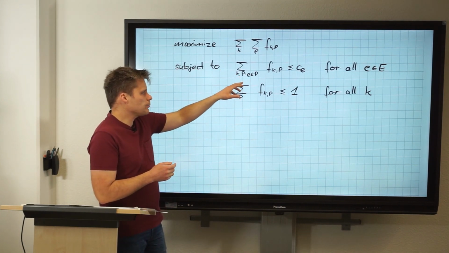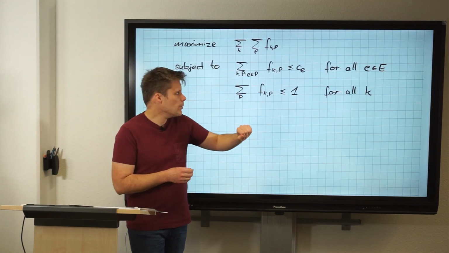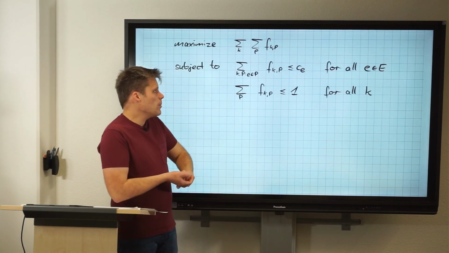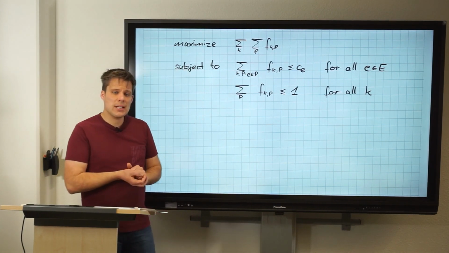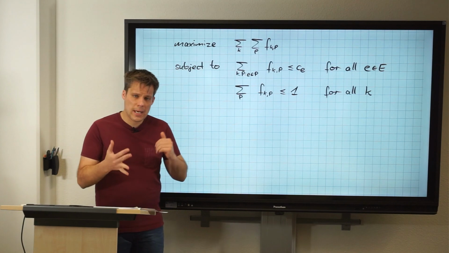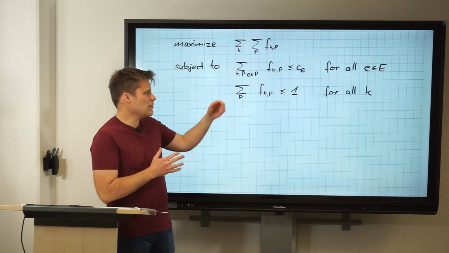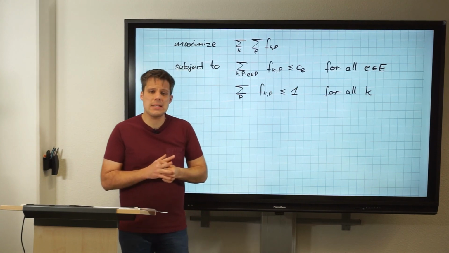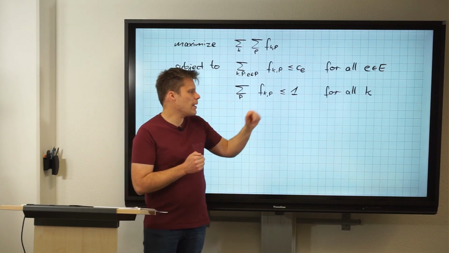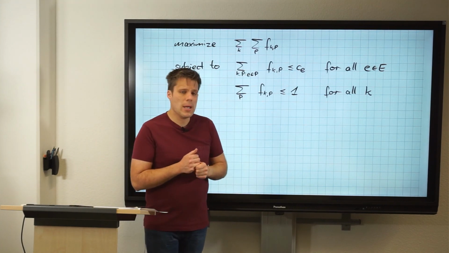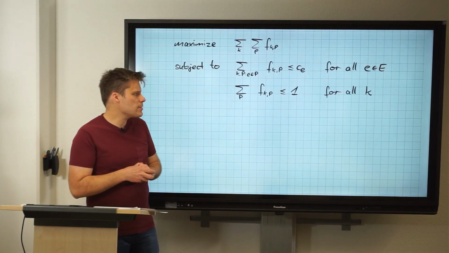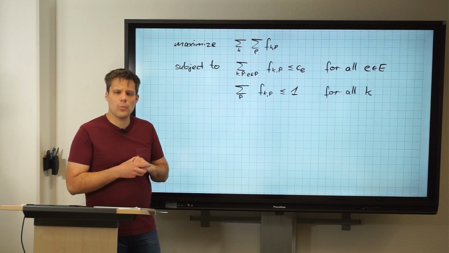We would now have, for every path connecting SK to TK, a variable, how much flow we are sending along this path. Now, of course, for every edge, we have to make sure that we don't exceed the capacity, and also for every source sink pair, the overall flow that we're sending from that source to that sink may be no more than 1.